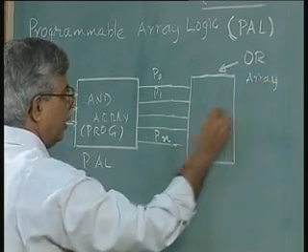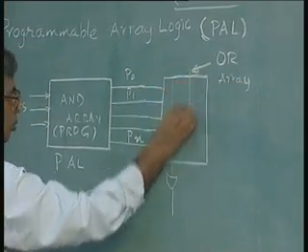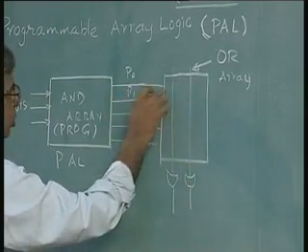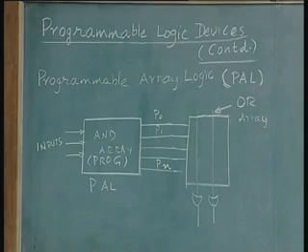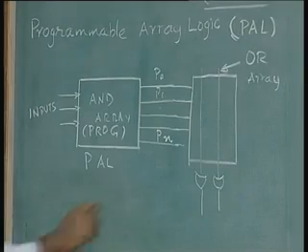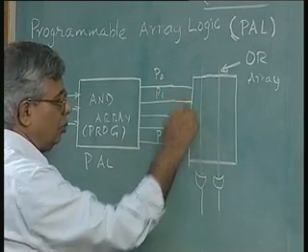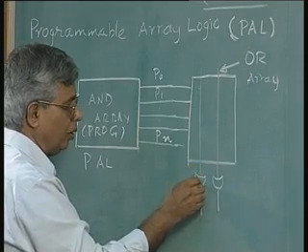The OR array has output OR gates to which we can give the minterms or the product terms as input. The difference lies in the fact that the OR gate inputs are fixed. That means we can only have a specific product term as input to a particular OR gate.